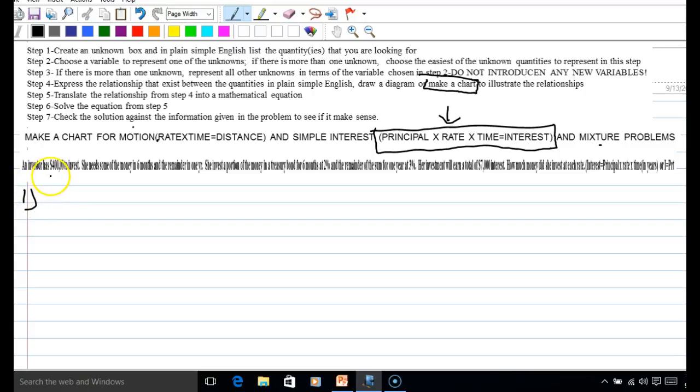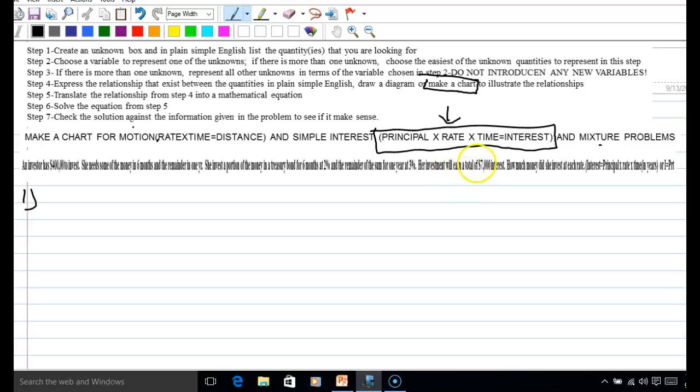So an investor has $400,000 to invest. Now, she needs some of the money in 6 months and the remainder in 1 year. She invests a portion of the money in treasury bonds for 6 months at 2%, and the remainder of the sum for 1 year at 3%.